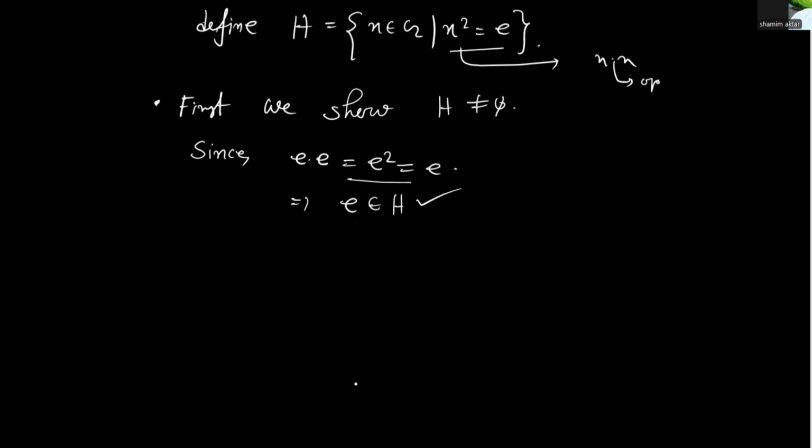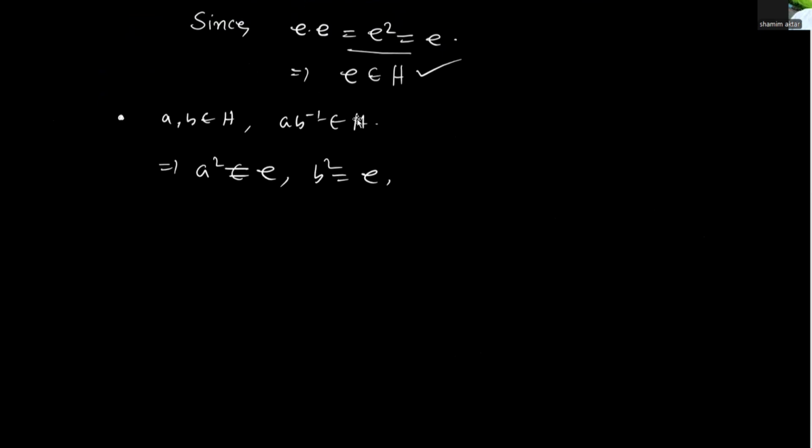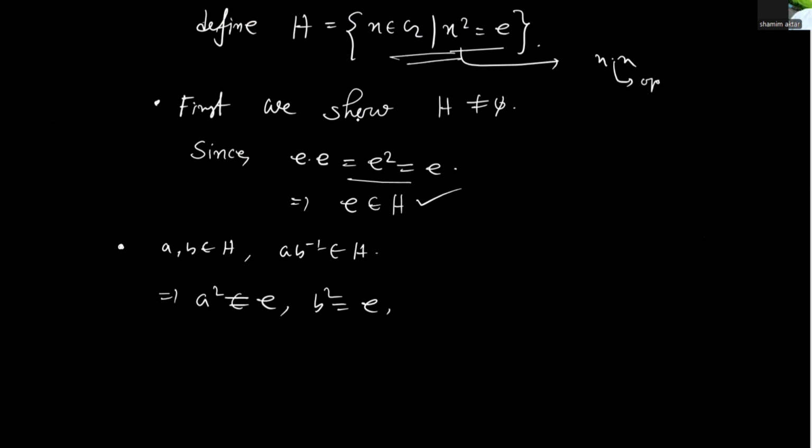Now next we show that for any a, b belonging to H, a b inverse belongs to H. Then we can say that H is a subgroup of G. Now a, b belonging to H means that a squared is equal to identity and b squared is equal to identity by the definition of H. So now consider a b inverse whole squared.